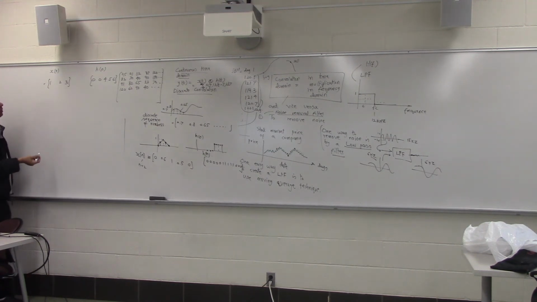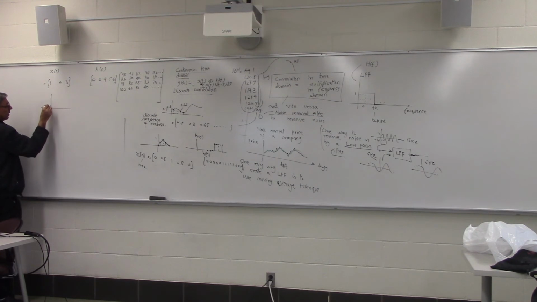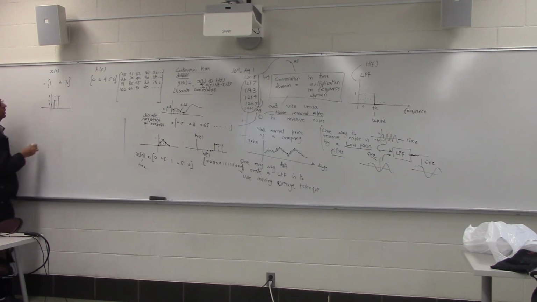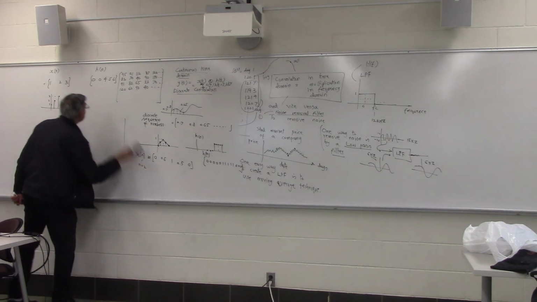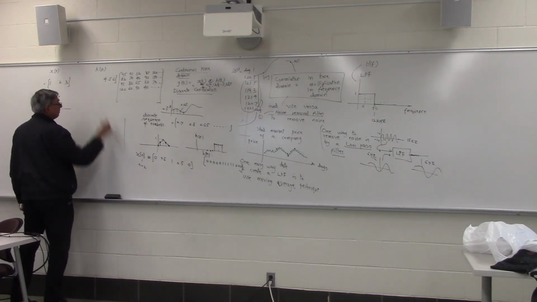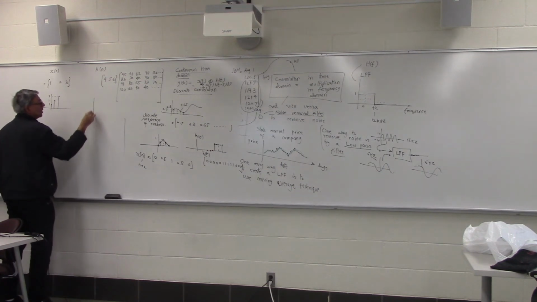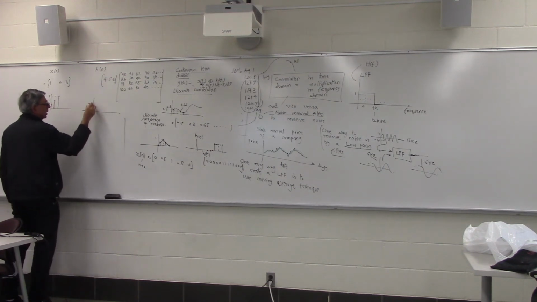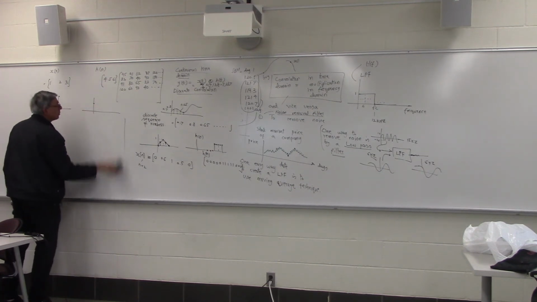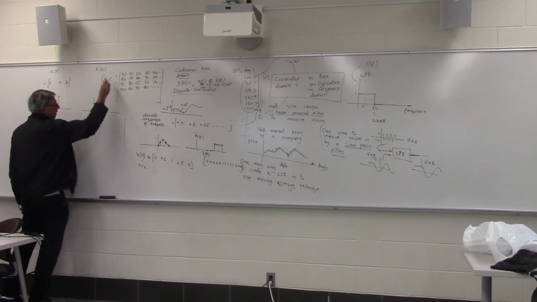If I do the convolution, see if I draw it, this will be 1, 2, 3, right? Let me make it easier. Let me just make it 4, 5, 2.